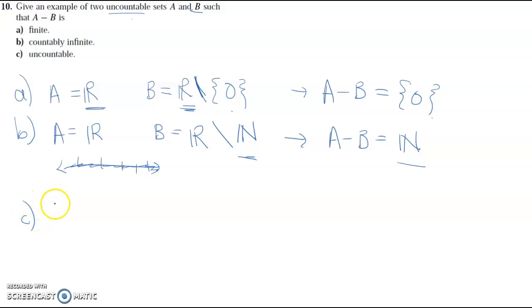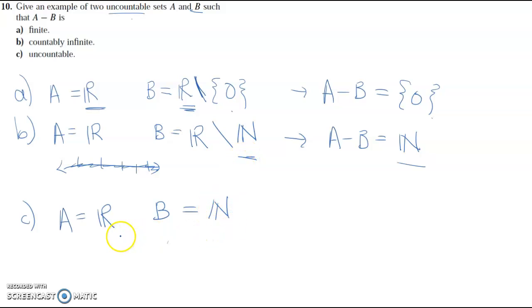Okay. So let's talk about C. We want to give an example of A and B such that A minus B will be uncountable. I can set A to be all real numbers again, and B can be all natural numbers.